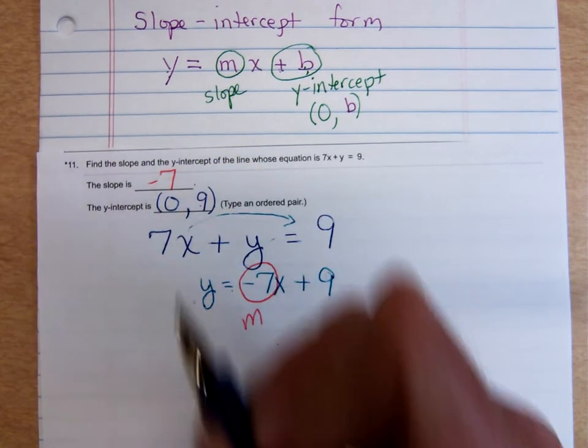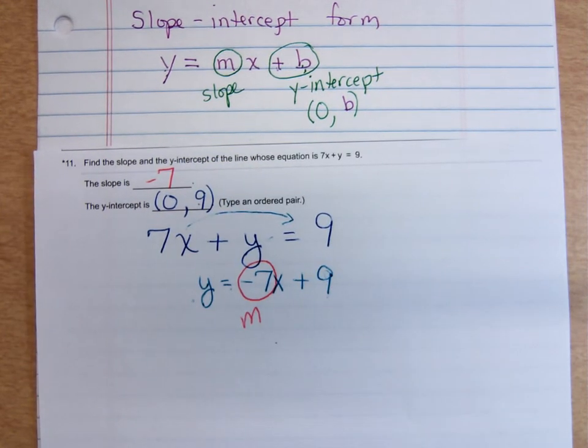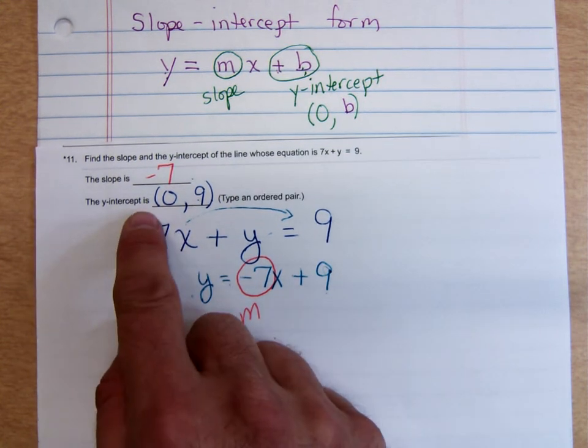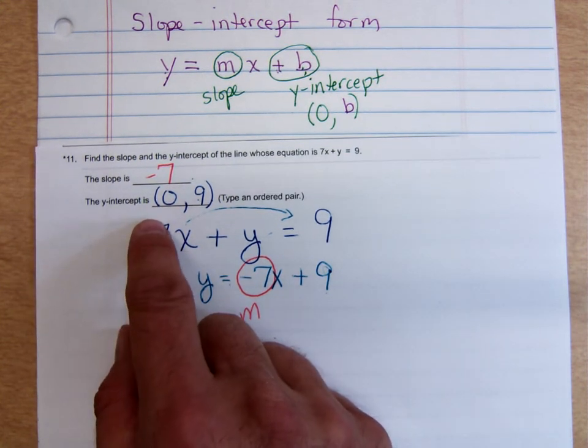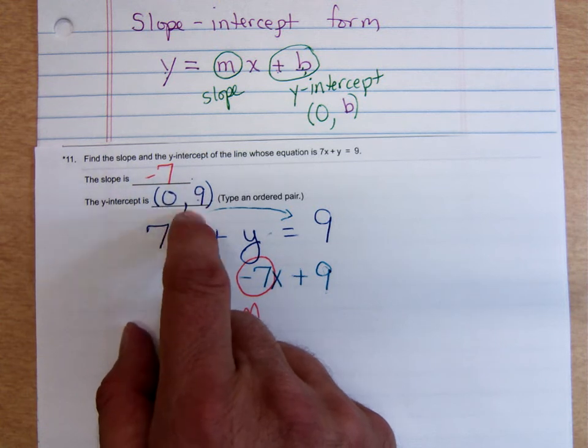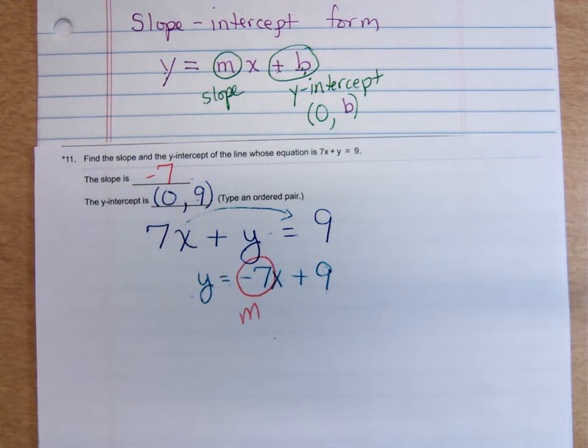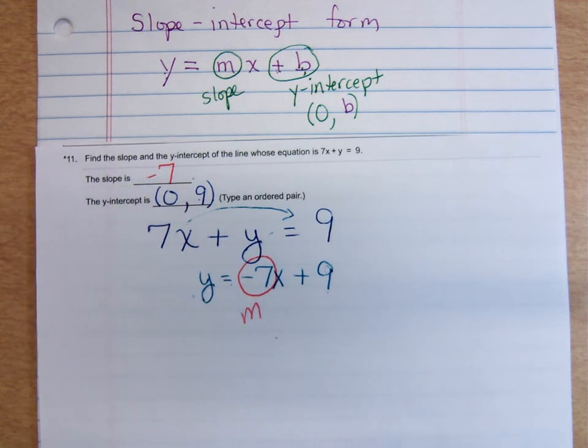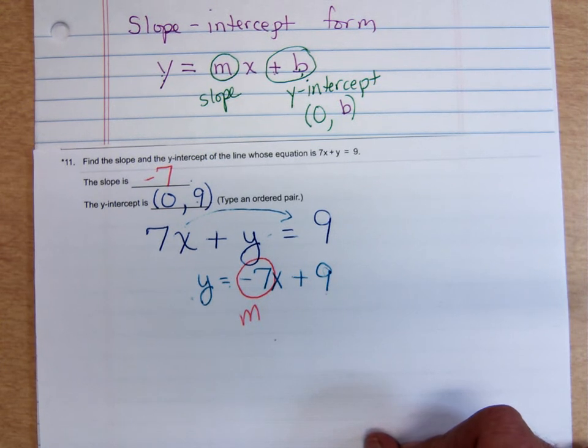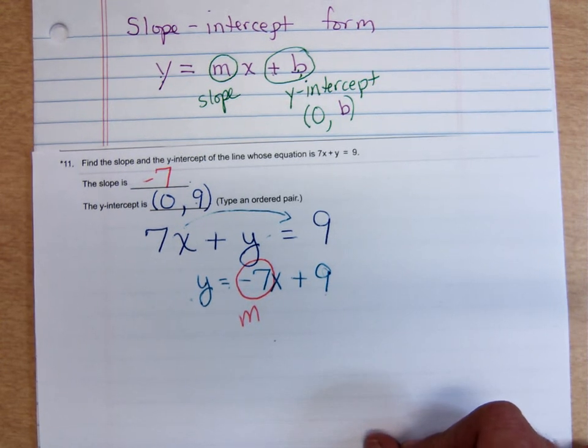A little of my history. When I was a student way back, those y-intercepts were numbers. It'd say the y-intercept is blank, and you'd say the number 9. By around the late 80s, all the books decided it would be easier for students if they said it was an ordered pair.